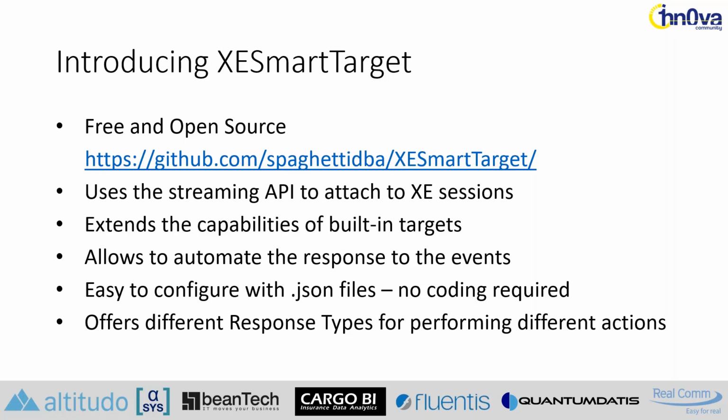You don't have to write any code to use XESmartTarget. All you have to do is fill in some information in JSON files, and you just feed these configuration files to XESmartTarget, which is a command line application, which reads the configuration that you passed in the JSON file, understands what you want it to do, and executes all the actions configured in the configuration file.